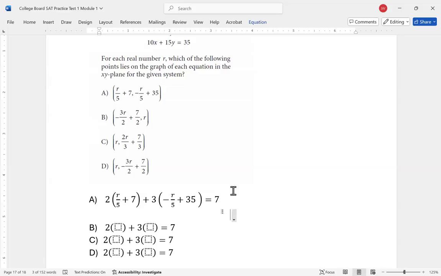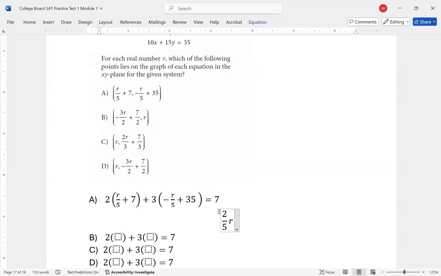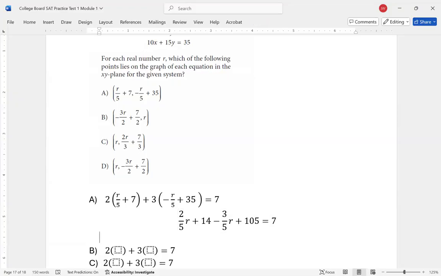We'd get 2/5 times r plus 14 minus 3/5 times r plus 35 times 3. That's 105. And obviously that's going to be set equal to 7. And so is this a true statement for all values of r?